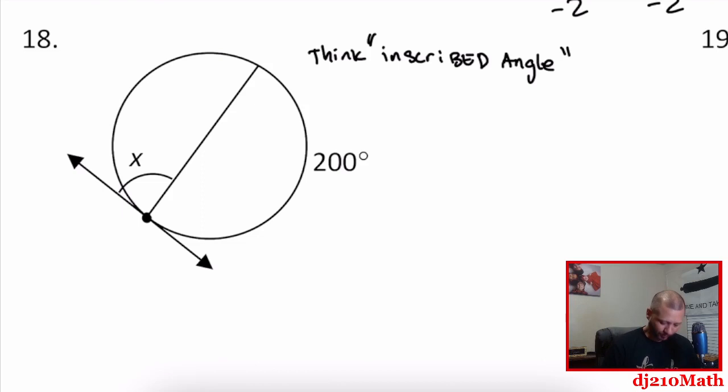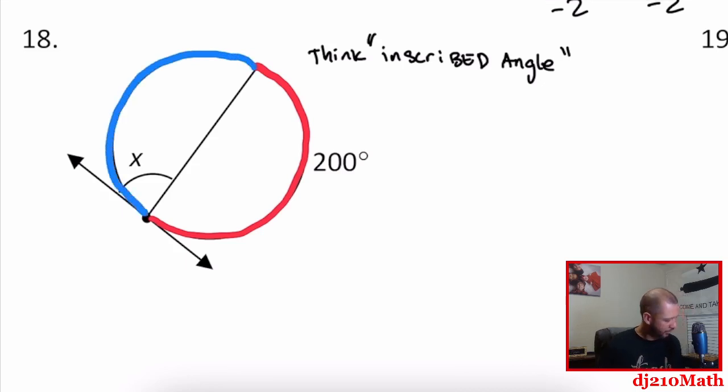If this right side arc is 200, then the left side blue arc is going to be 360 minus 200, 160. And the angle is half the arc. So 160 divided by 2 is 80. X is equal to 80 degrees because the angle is half the arc.